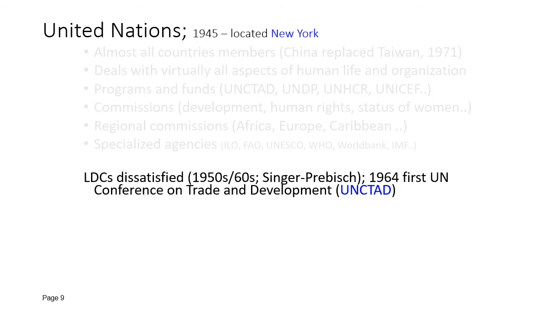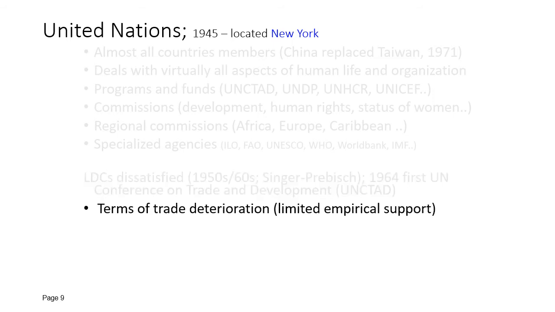Actually, when you go and explore how true this was, trade being more in favor of the developed countries? When you go look at that idea, they found that in general, there is not a lot of proof for this.